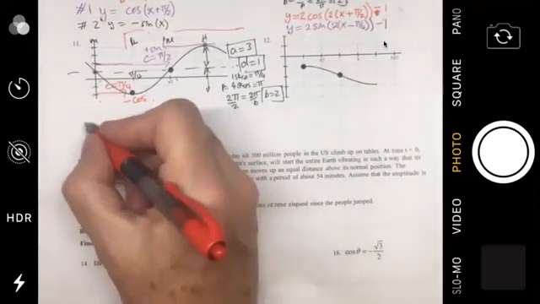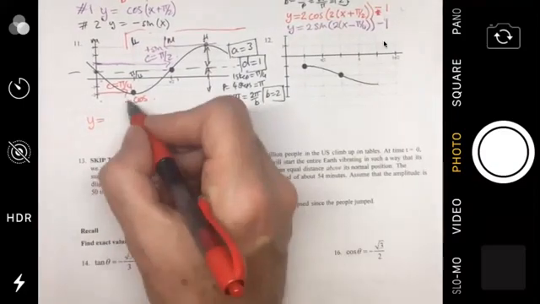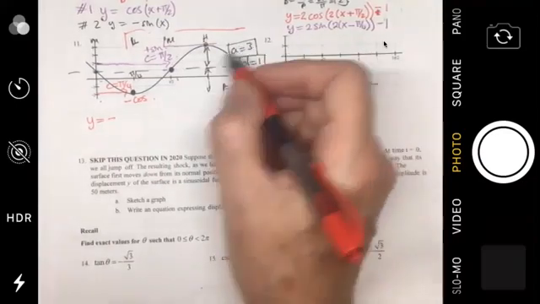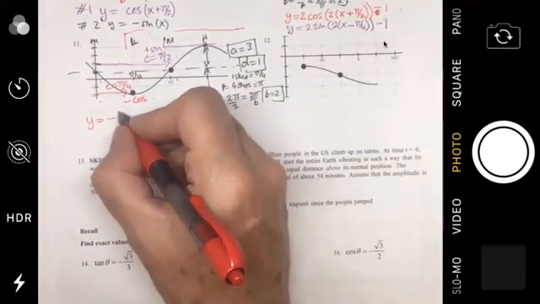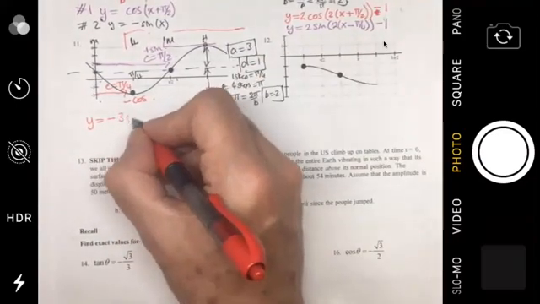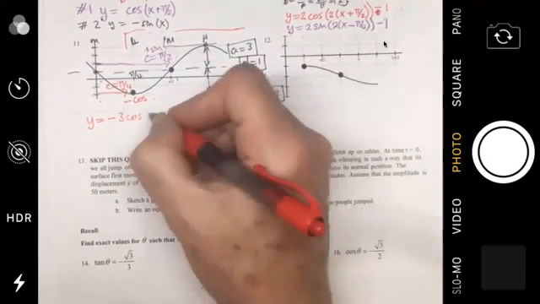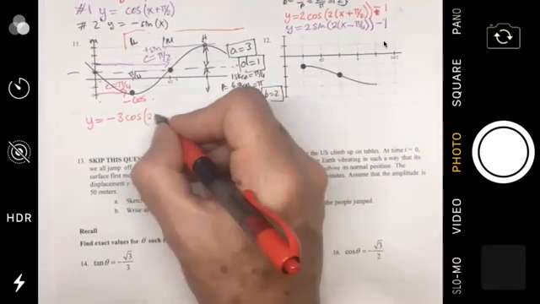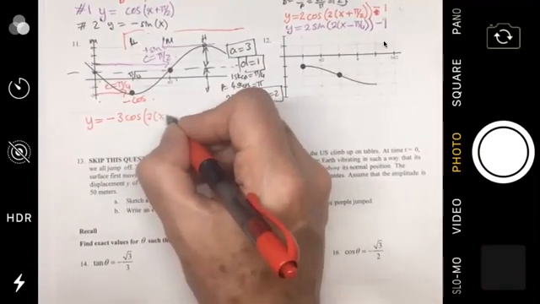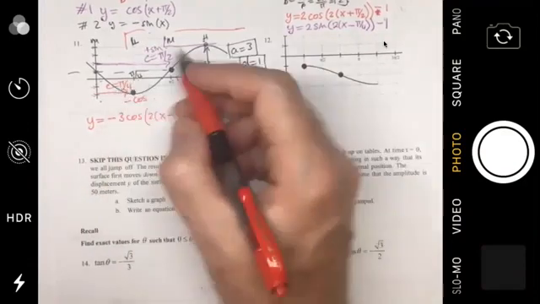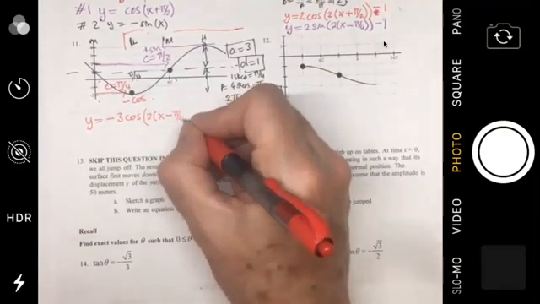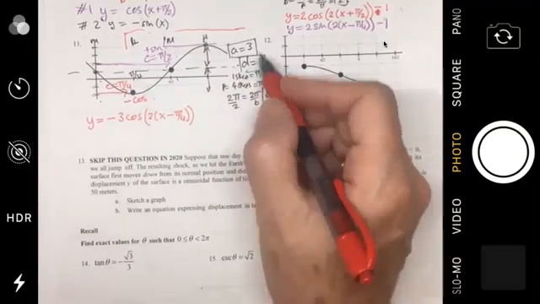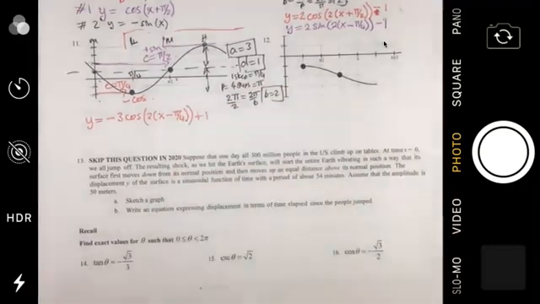This equation is y equals negative, then I need the a, and a was 3. Negative 3 cosine of b, which is 2, parentheses x minus c, x minus pi by 4, close both parentheses, then add on d plus 1, okay?